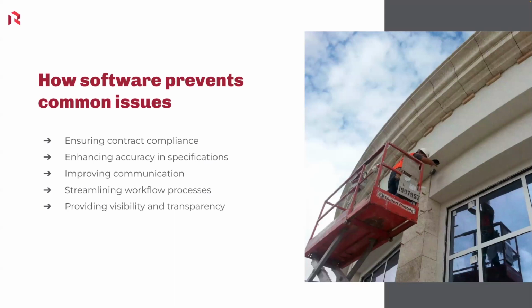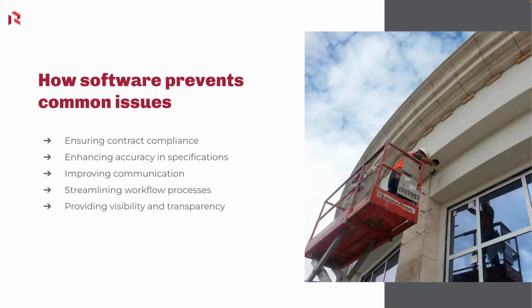So we see a lot of issues around contract compliance, making sure that the scope of work that we are building our estimates off of gets into our contracts and trickles into our subcontracts. So that's one big area.